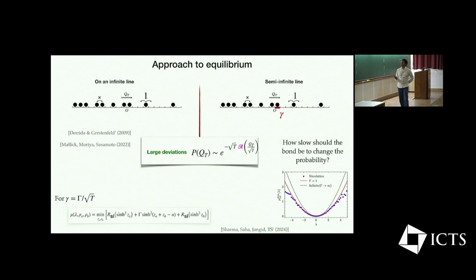Only when your jump rate at the defect becomes super slow, of order 1 over square root of t, where t is the time up to which you are measuring the current, would the result change. And there is an explicit formula for that.